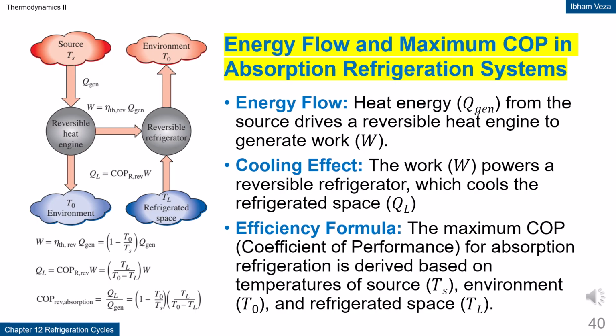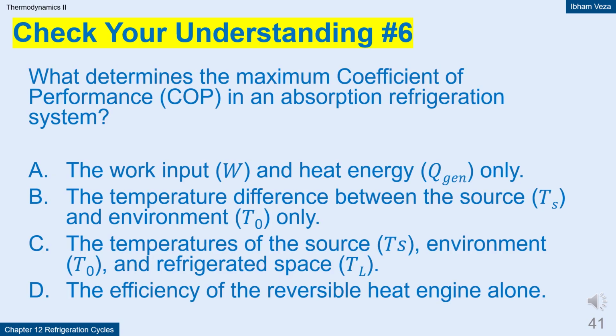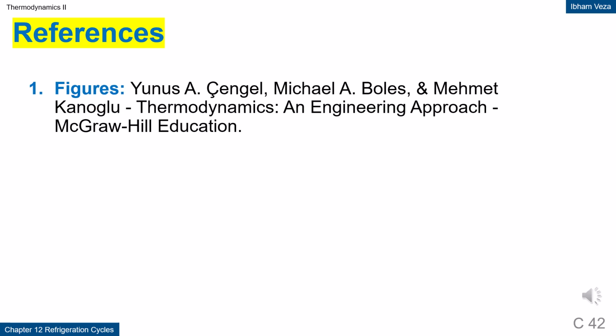Theoretically, the COP can be derived from the temperature relations Ts, T0, and TL. This analysis shows that the performance of absorption systems strongly depends on the quality of the heat source. Answer C. The temperatures of the source, Ts, environment, T0, and refrigerated space, TL.